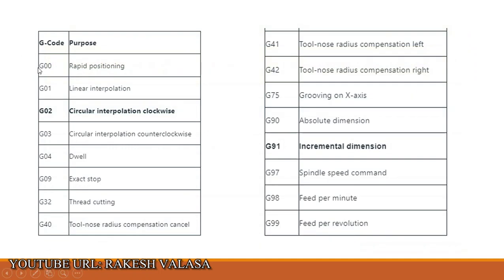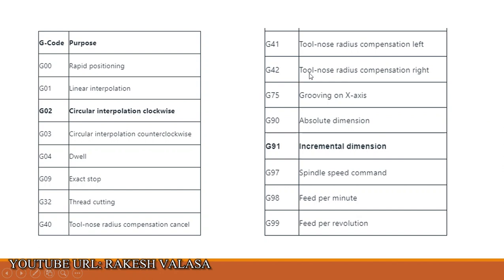Let us see G codes. G00 means rapid positioning. G01 means linear interpolation. G02 means circular interpolation clockwise. G03 means circular interpolation counterclockwise. G04 dwell. G09 exact stop. G32 means thread cutting. G40 means tool nose radius compensation cancel. G41 means tool nose radius compensation left.